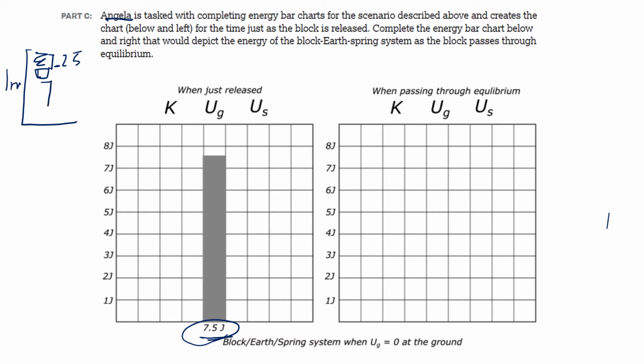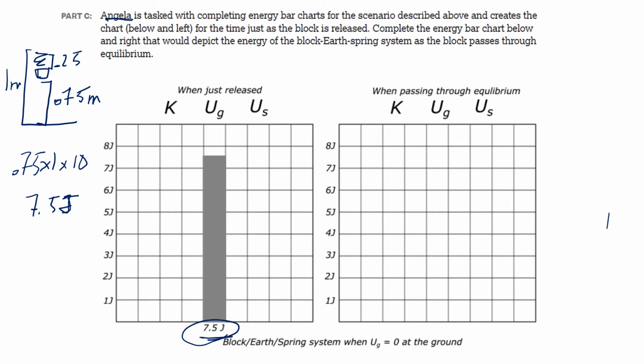So that means the difference in height between the spring and the floor is 0.75 meters. So she just did mgh, so it's 0.75 times 1 kilogram times acceleration of gravity being 10. So she got 7.5 joules. Good. This is a J, by the way.